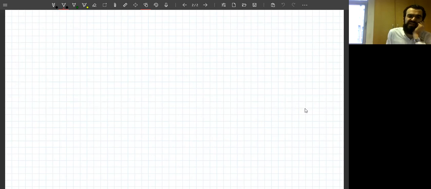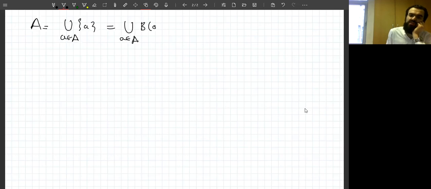So we will find a special cover of A. In fact, I can write A as the union of a in A, these one-point sets. If you choose this ball, this set is one point, as X is a discrete metric space.